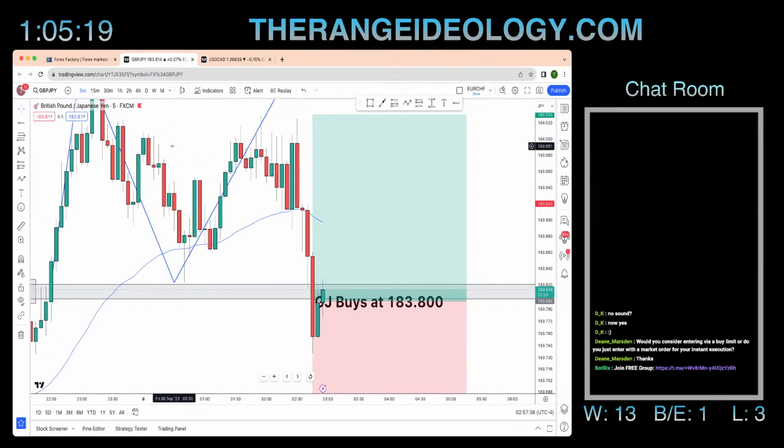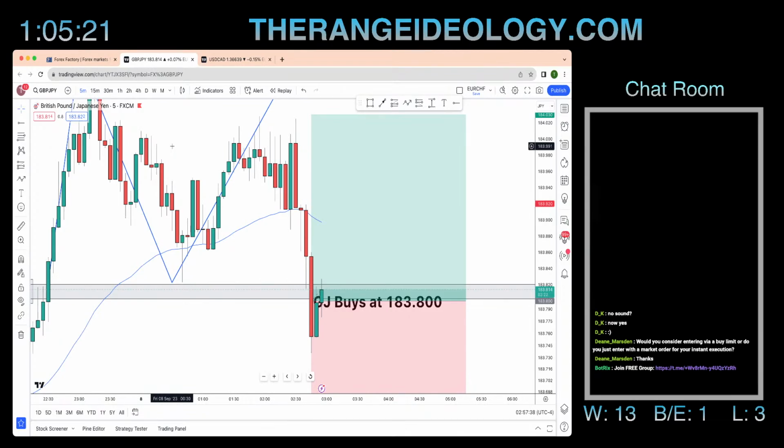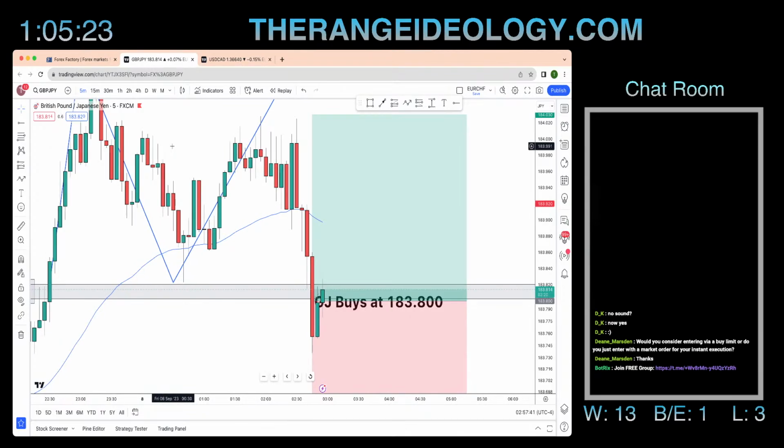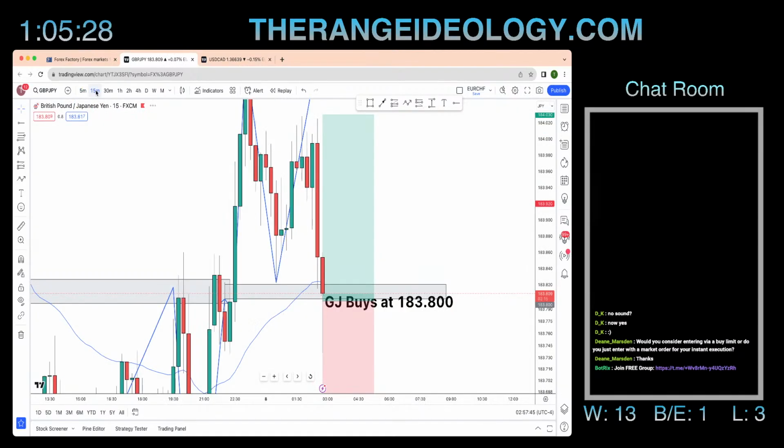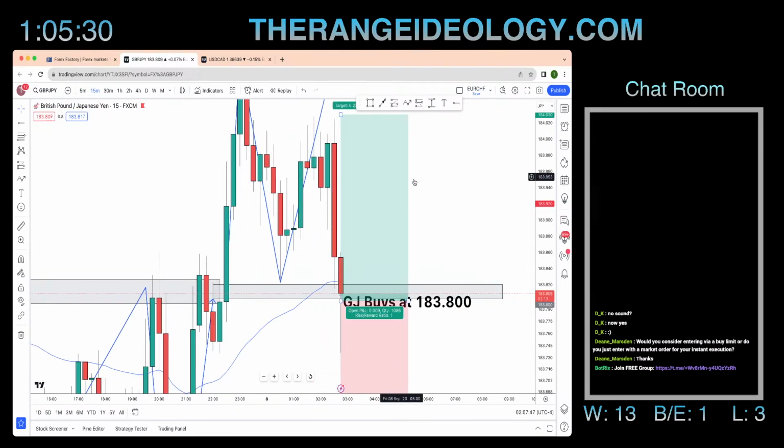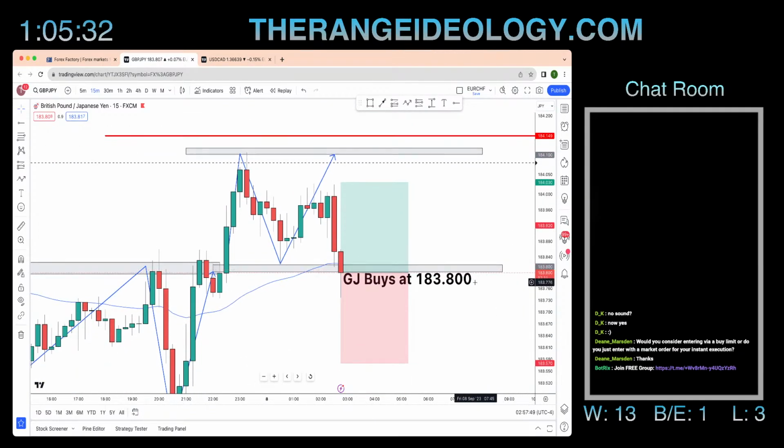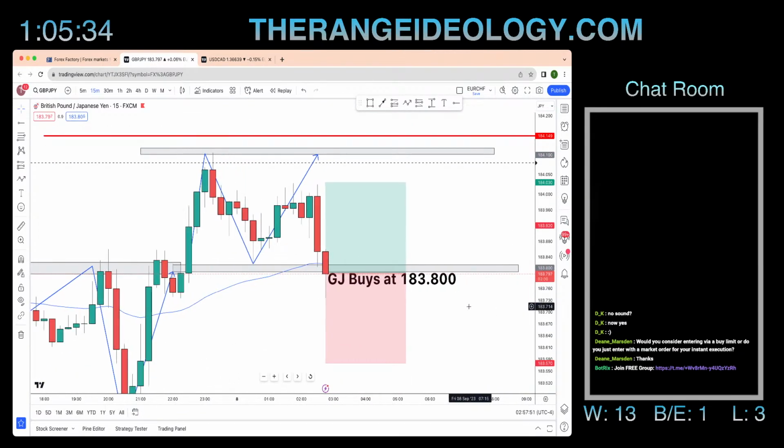Let's see if it fully rejects the EMA tap. Or maybe not. So let's see here. Again, price is sitting right at entry.